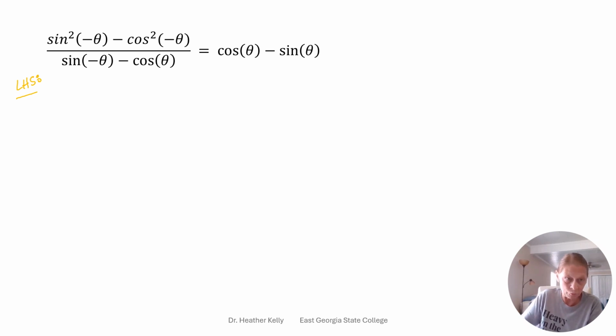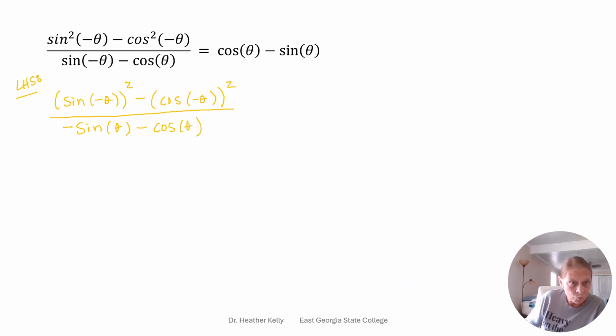So let's see here. We just saw this, but I'm going to write this again. This is sine of negative theta squared minus cosine of negative theta squared over our negative sine theta minus cosine theta.